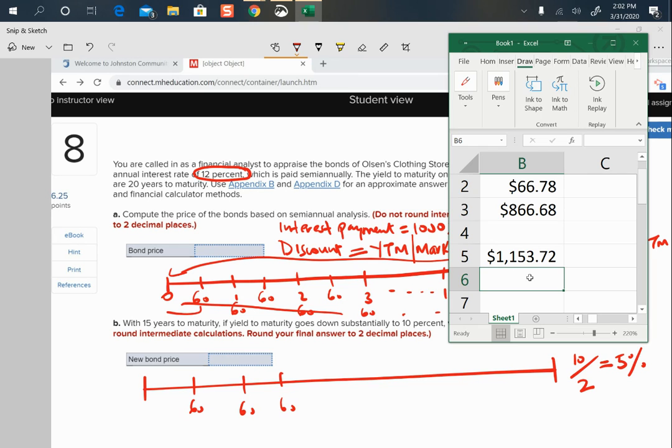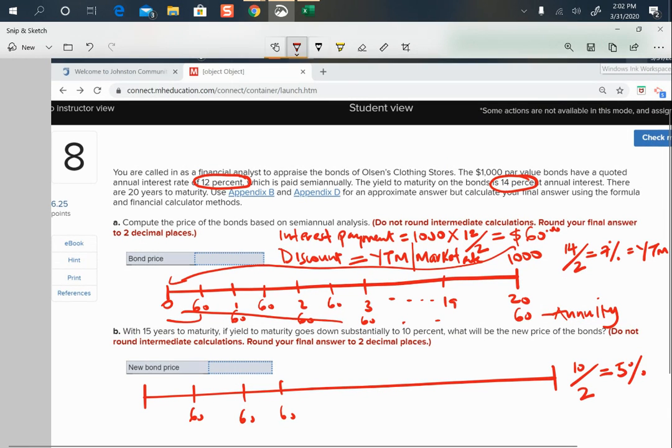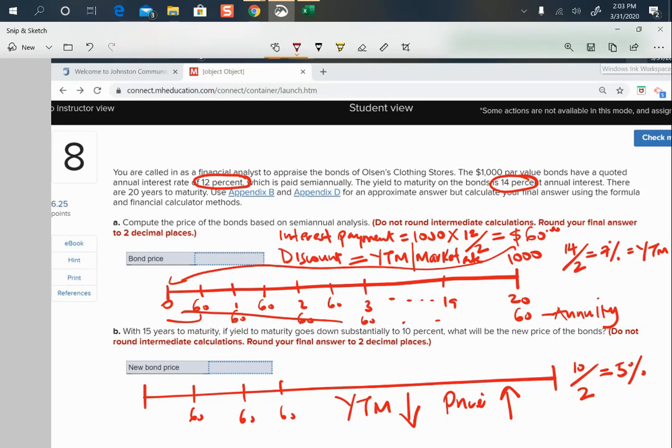Now you can see the value of the bond goes up. So what does it tell you? If the yield to maturity goes down, the price of the bond goes up. Basically, there's an inverse relationship between the yield to maturity, interest rates, and bond price.